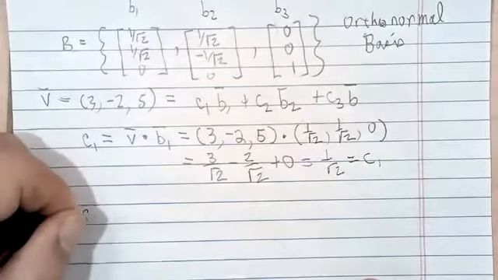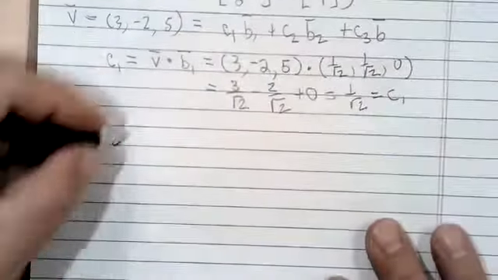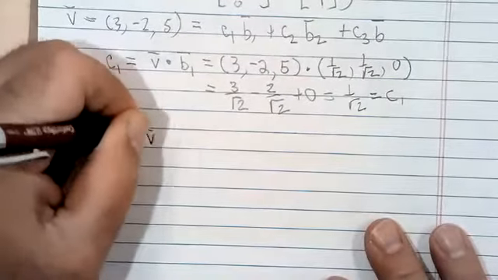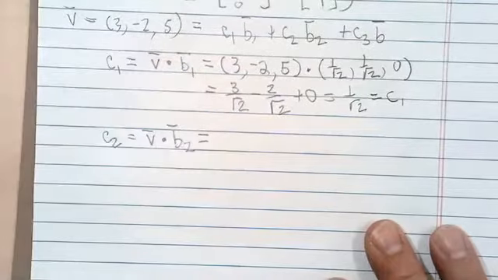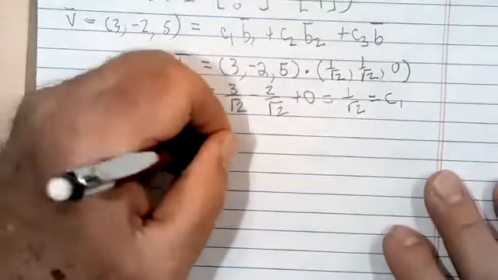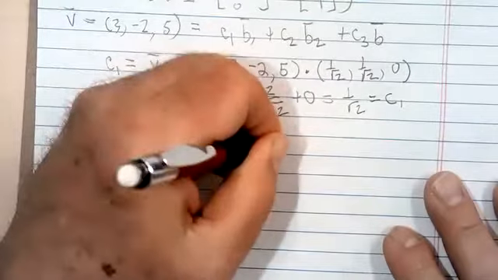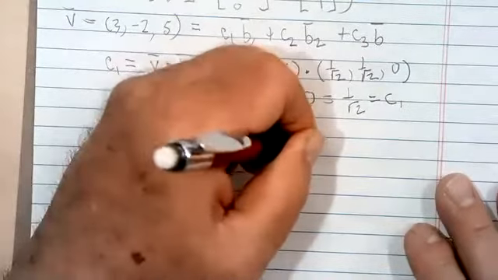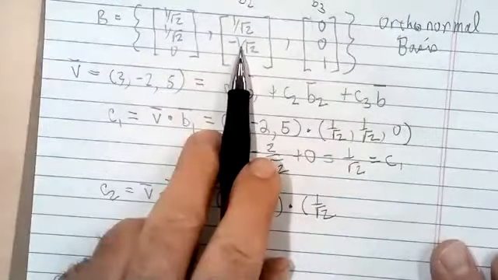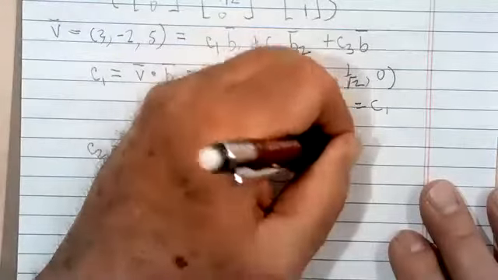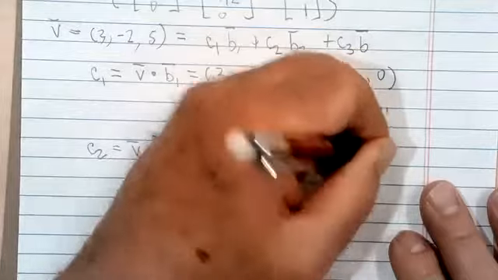c2, I can compute as the target vector dotted with the second basis vector. And that is (3, -2, 5) dotted with my second basis vector, right here, (1/√2, -1/√2, 0).